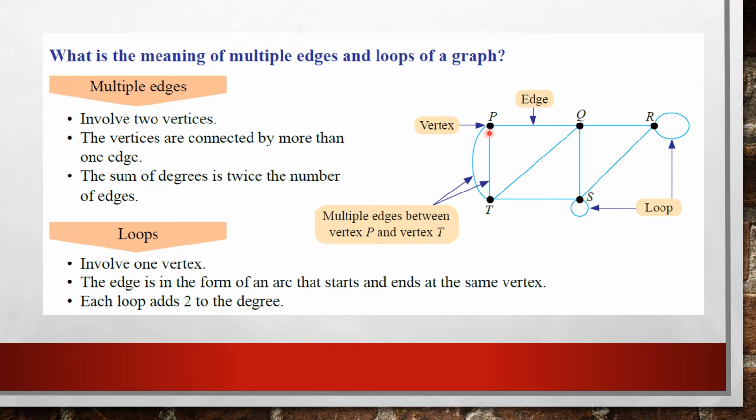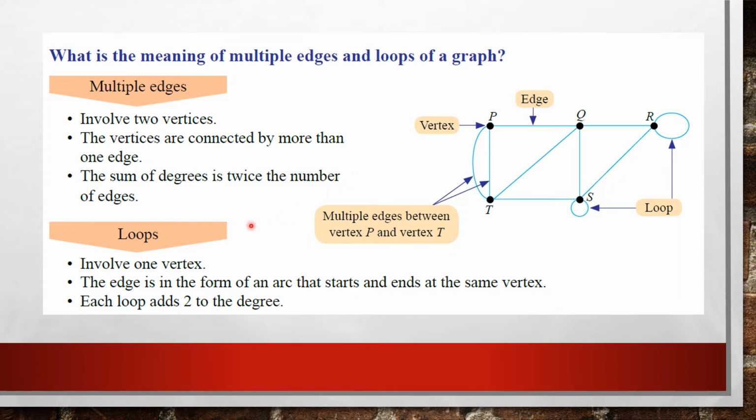So from P to T, you can see there are two lines: one is this straight line, another one is this curved line. So there is more than one edge connecting P and T. The sum of degrees is twice the number of edges.